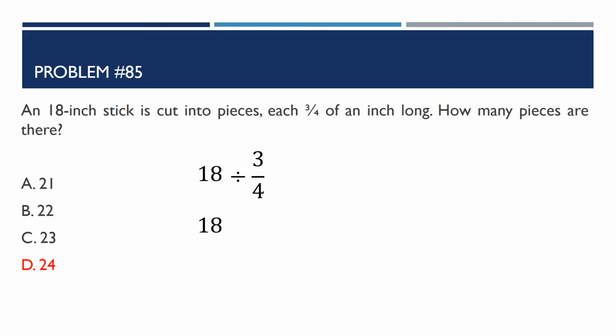Then we change the divide to times and get the reciprocal of the second fraction. Then we can reduce 3 and 18. Both are divisible by 3. So 18 becomes 6. Then we multiply 6 times 4, 24. So there are 24 pieces of 3/4 inch.